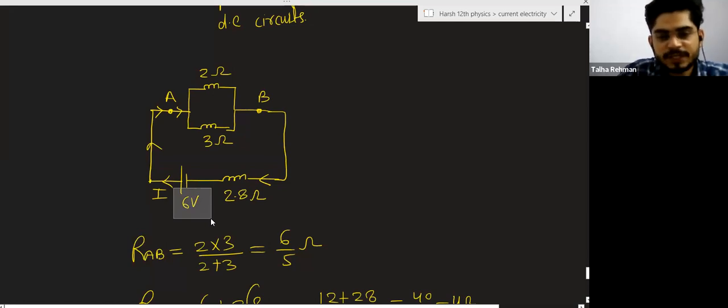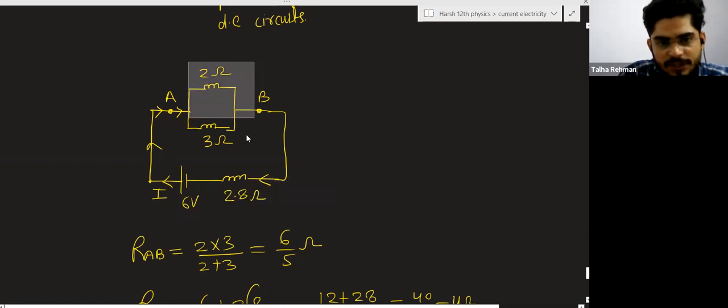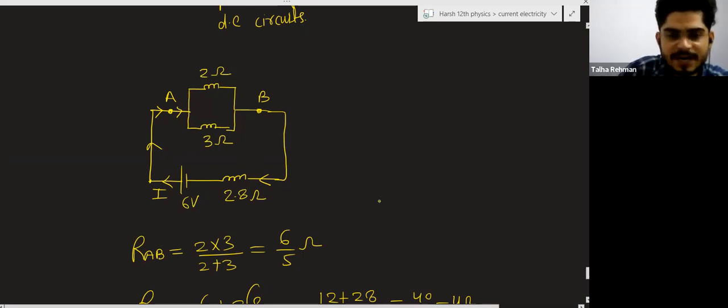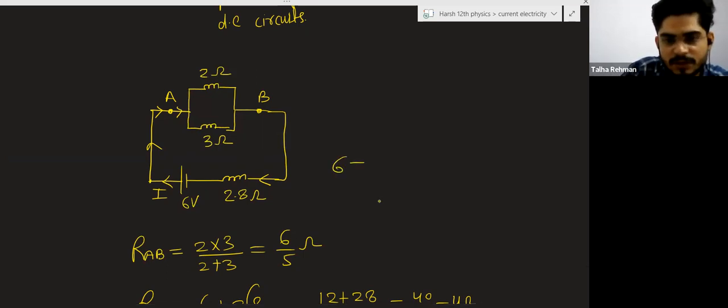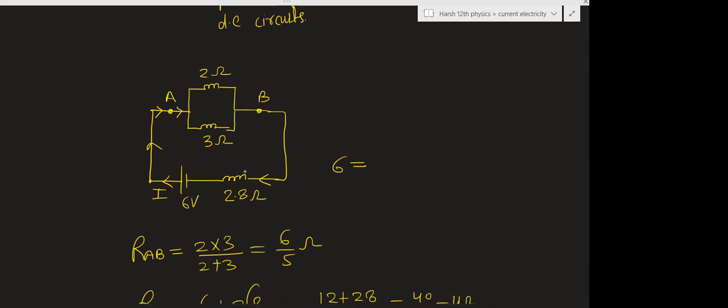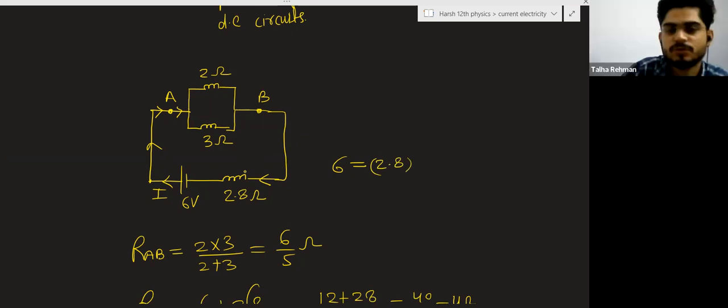This 6-volt voltage is divided among this and the equivalent of this. So you can write 6 volt is equal to the voltage drop here, 2.8 into I.